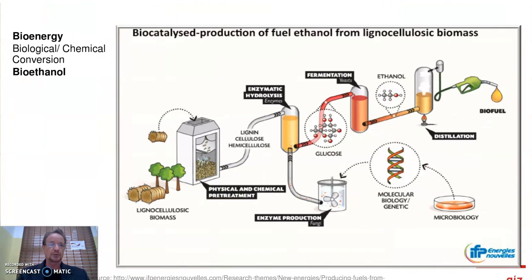Now let's go to bioethanol. At the end of the day, you put the biomass in a shredder, and then it goes through certain fermentation processes. You are producing ethanol, and that will be bioethanol, which you can use as fuel in addition to fossil fuel like benzene or petrol.